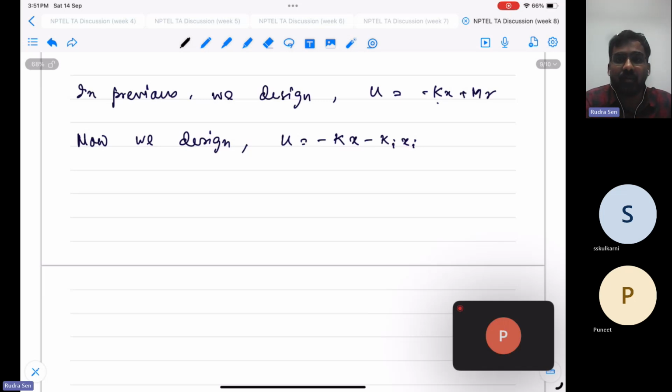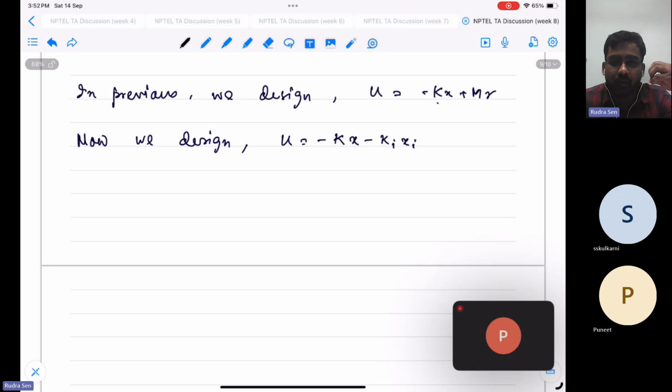So in MATLAB code, you know how to do all those things, right? There is a command called place. Using that, you have to provide the A matrix, B matrix, and the desired pole location, so you will get the controller gain.